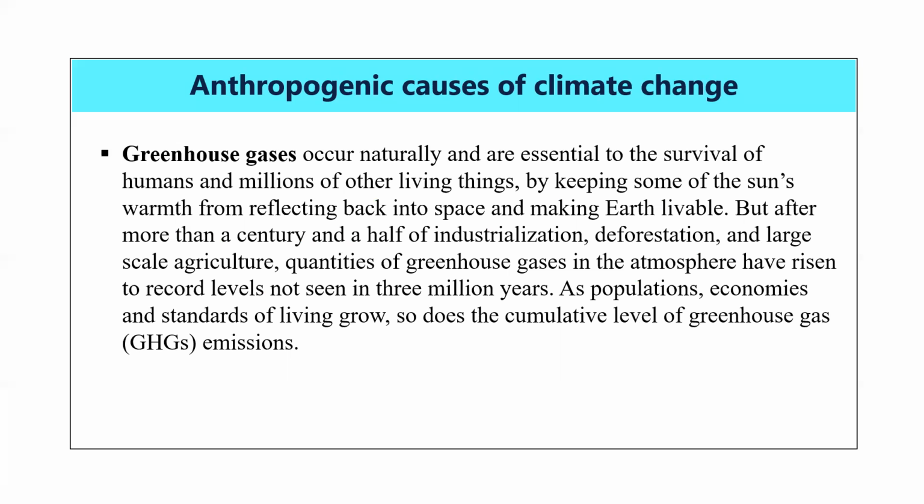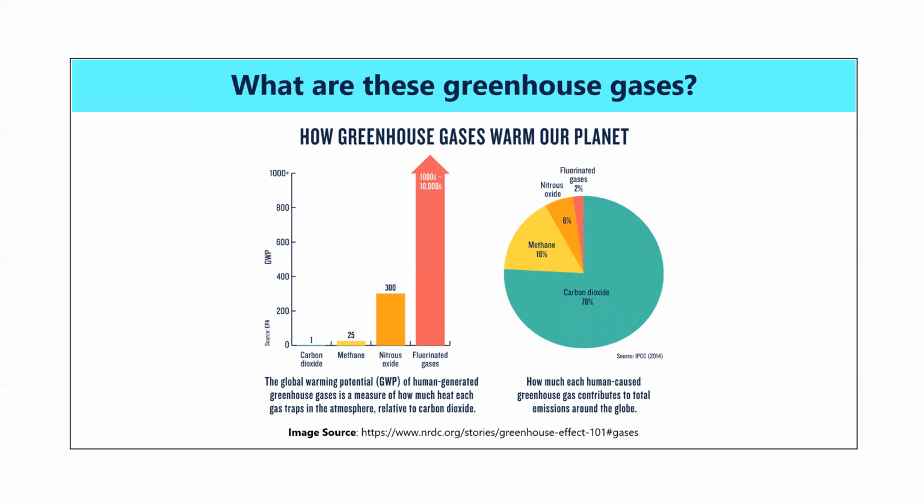So basically, each one of us is a contributor of greenhouse gases. In particular, what are these greenhouse gases? The majority is carbon dioxide, 76%. We have methane, 16%, nitrous oxide, 6%, and fluorinated gas, 2%.